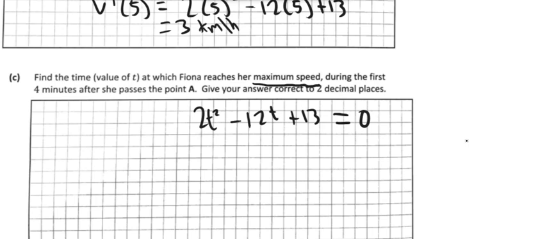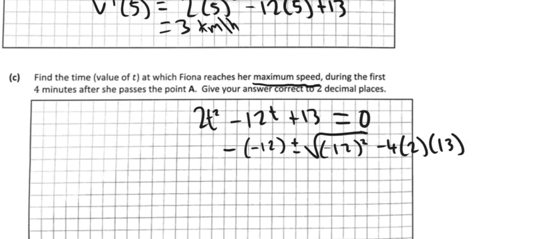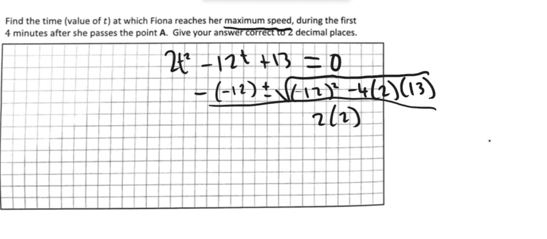We can't solve this by factorizing, so we need to use the minus b formula. So it'll be minus minus 12 plus or minus the square root of minus 12 squared minus 4 times 2 times 13, all over 2 times 2. We should get 2 answers then.